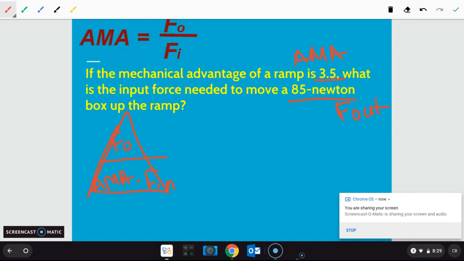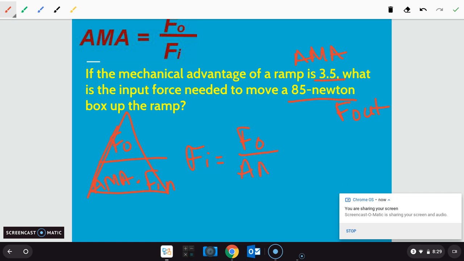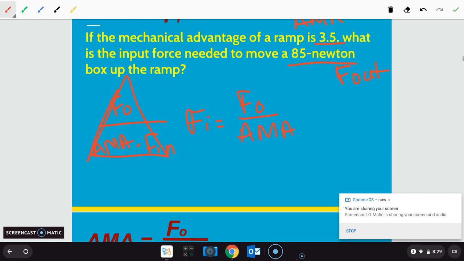So if I'm looking for force in, it's equal to force out over AMA, which means I would have 85 newtons over 3.5, which will again give me the exact same answer of 24.3 newtons. So either way you do it, you're going to get the same answer.